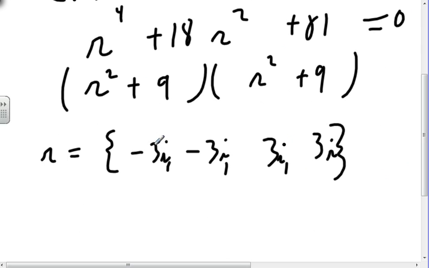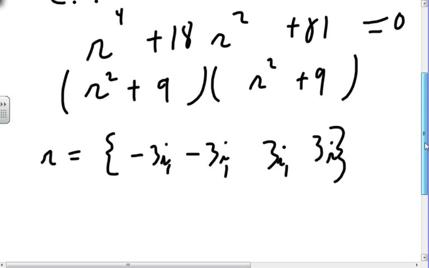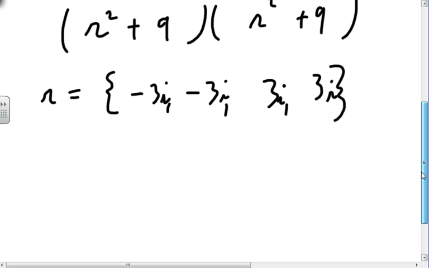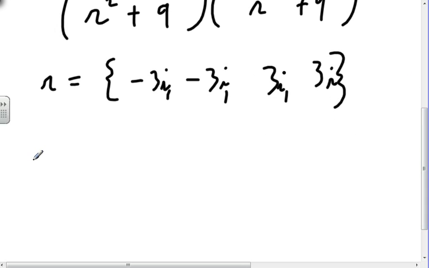So minus 3i, minus 3i, 3i, 3i. Alright, so my roots are plus or minus 3i, plus or minus 3i. Those are my roots.